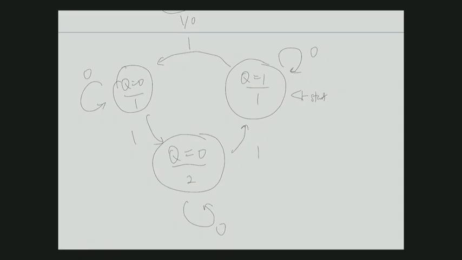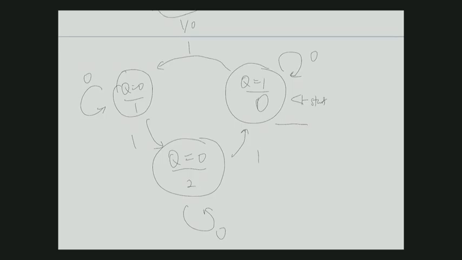You start here with 0 ones, and when you add a 1, you cycle to the state with 1 one stored, and then when you have another 1, you go to the next one with 2 ones, and then when you have another one, you go back to the starting state. I see. Yeah, very nice.